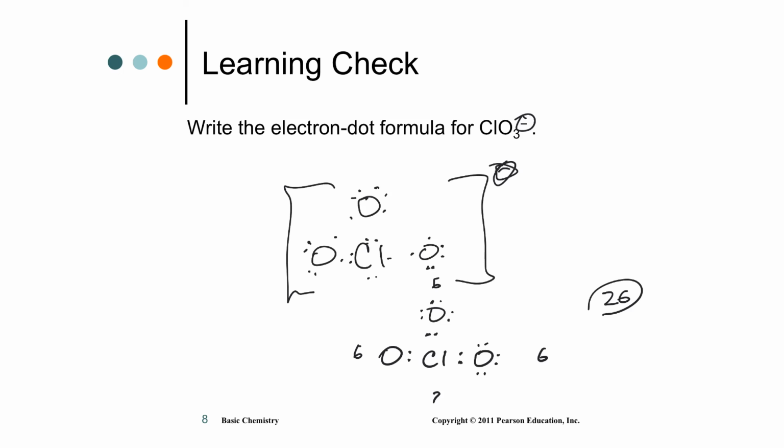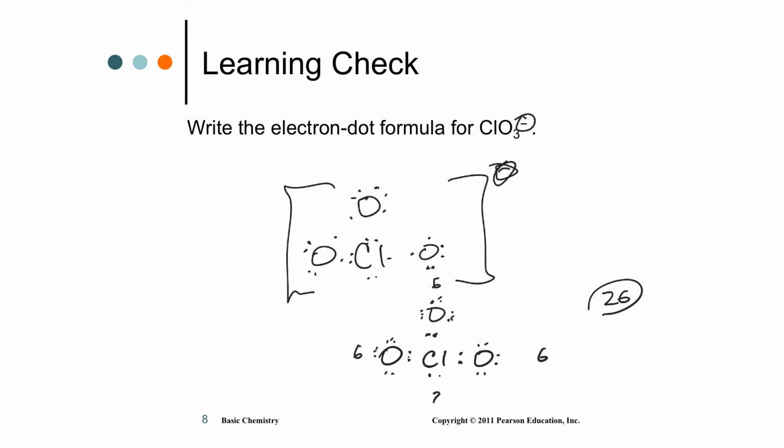Now that oxygen is filled. 20, 22, 24. Did I do it right? Okay, there's 26 electrons. Let's do it again. 2, 4, 6, 8, 10, 12, 14, 16, 18, 20, 22, 24. Okay, so I have 2 more. Where would they go? They go here. Okay, they go around the chlorine.